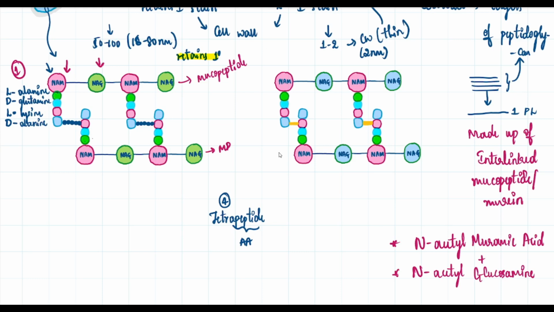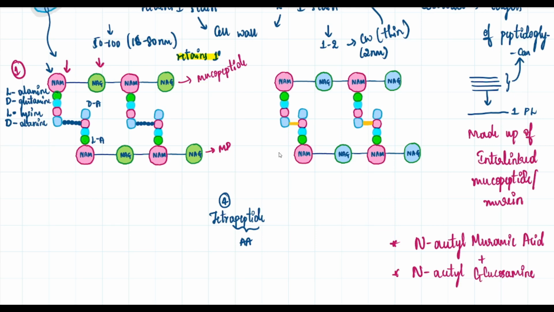You can see the terminal amino acid is always D-alanine and the one that is attached to N-acetyl muramic acid is L-alanine, right? Simple. So this way, the tetrapeptide side chain projects from the N-acetyl muramic acid.